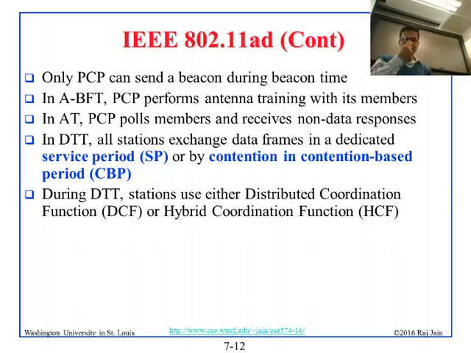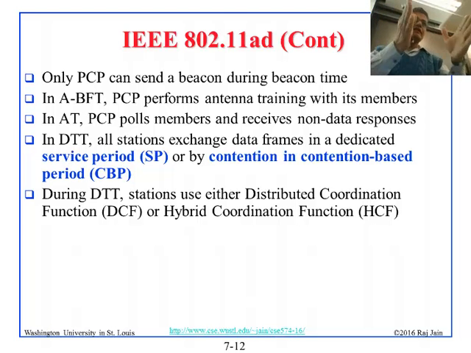In the data transfer time, all stations exchange data frames in a dedicated service period or by contention in a contention-based period. Just like we had real-time and non-real-time applications in 802.11 earlier, where we had the point coordination function, PCF, and the distributed coordination function.